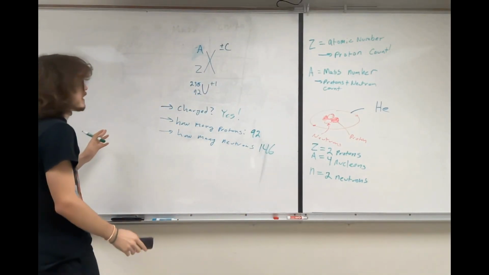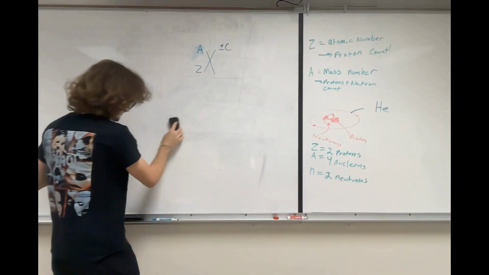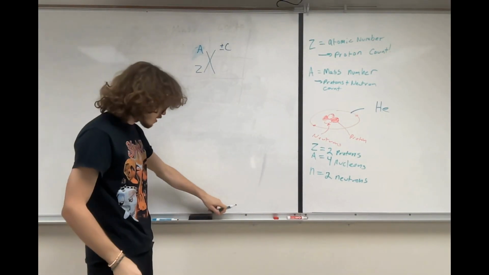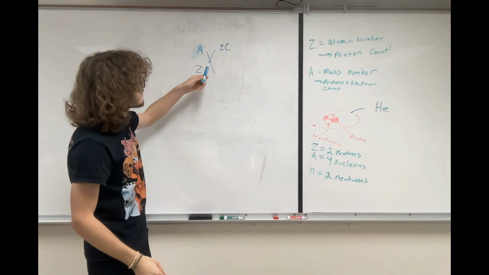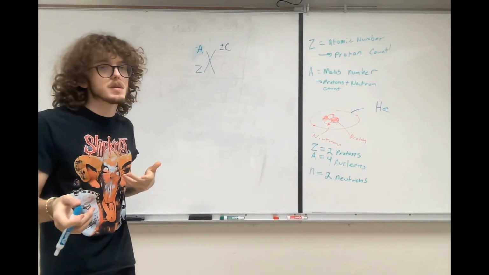Okay, I'm going to go ahead and erase this. Let's talk a little bit more about charge. Notice here that I denoted that these atoms can be plus or minusly charged. What does that actually mean?